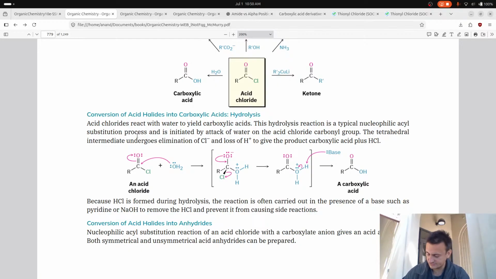All right, so let's just do hydrolysis of acid chloride. So we have an acid chloride, then we have H2O.